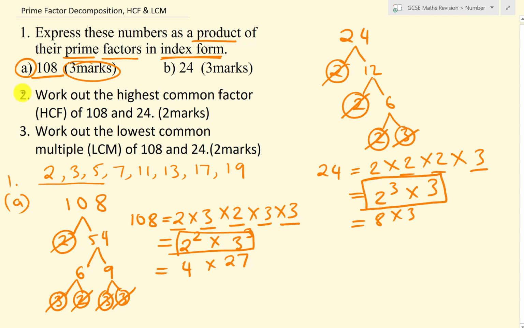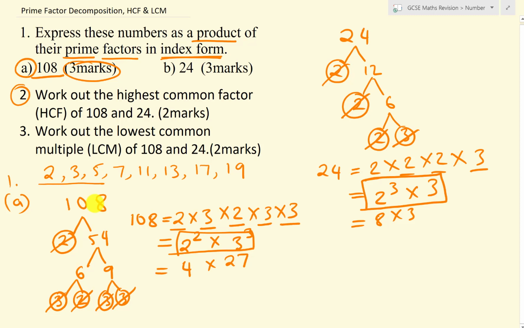Now, question 2. Work out the highest common factor, or HCF, of 108 and 24. Now, we can use these two answers to find our highest common factor. Over here, we need to find the common prime factors of 108 and 24.